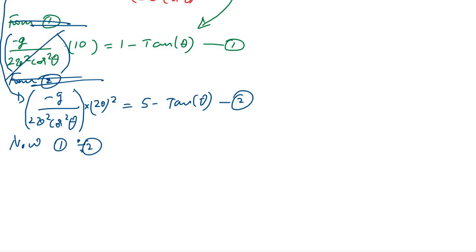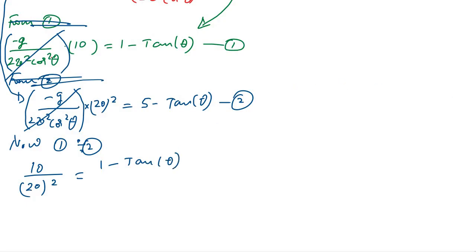So when we divide, these two will cancel. So what I get is 10 divided by 20 square. If I'm right, it is right. So this equals 1 minus tan theta.